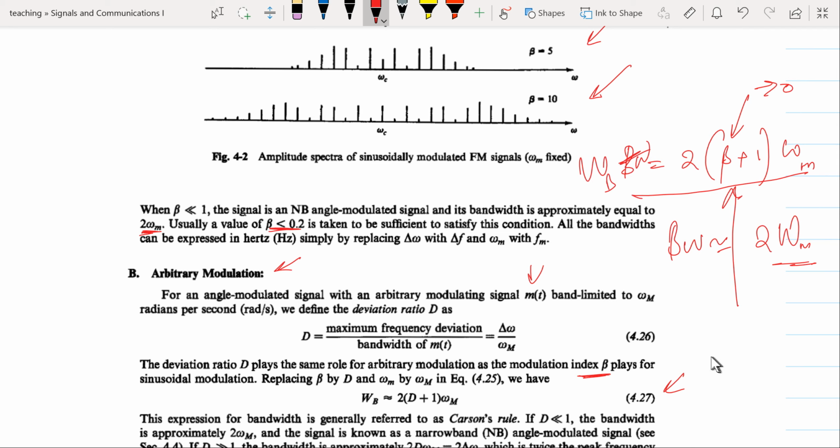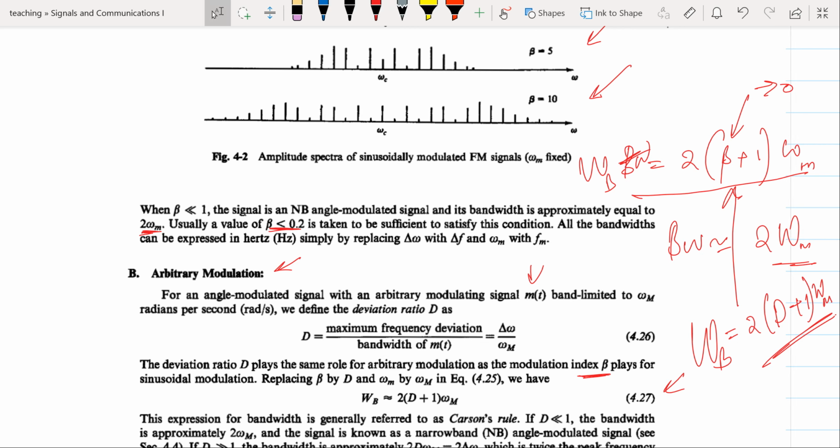Then we can say that the bandwidth for arbitrary modulation is expressed by 2 (D plus 1) omega M. That allows us to use a different term, the deviation ratio D, instead of the modulation index beta that is only defined for sinusoidal modulation.